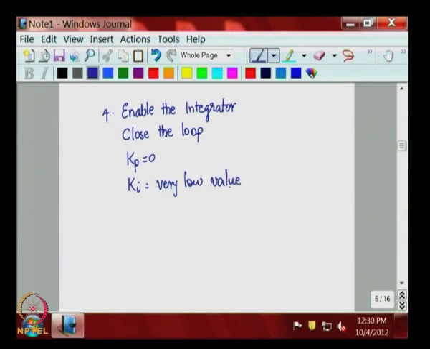Start from a very low value like 0.01 or so.